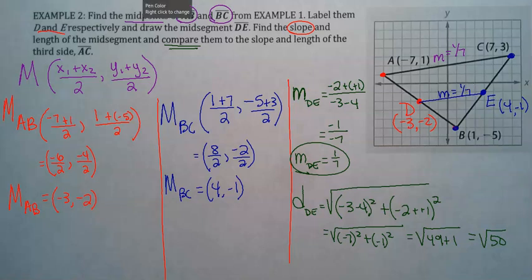Now, how about the length? The length of side AC earlier, or the distance, was the square root of 200. And here, our distance is the square root of 50. But the theorem says that this is half of this length, so let's see if that's true.